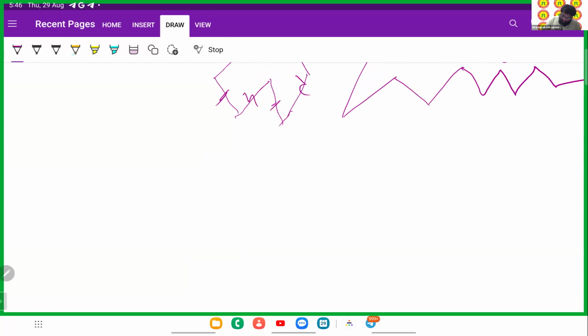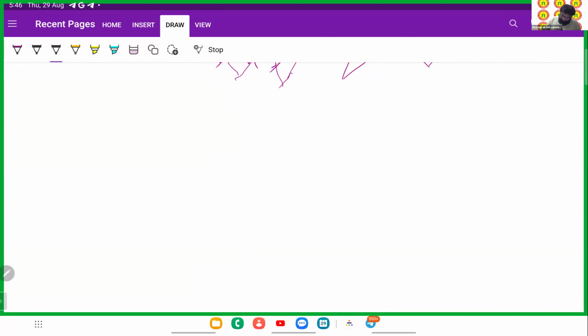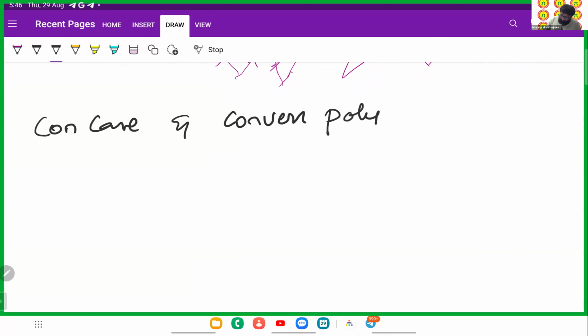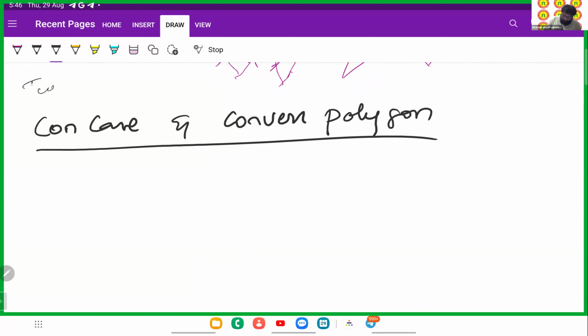Let us discuss convex and concave polygons. So there are types of polygon: convex and concave polygon.